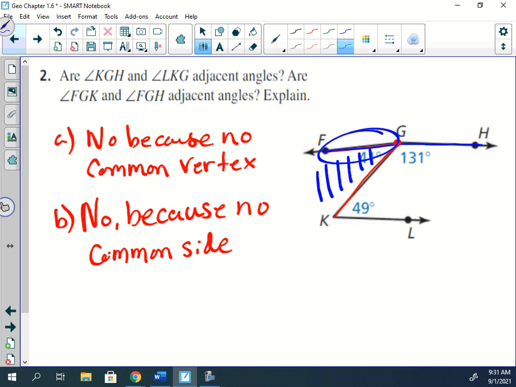So yes, it does share a common side, but the interior points. If one is contained within the other, it doesn't work. So adjacent has to be common side, common vertex, and no interior common points. One cannot be contained within the other. Does that kind of answer your question? Yeah. So if one's inside the other, they are not adjacent.